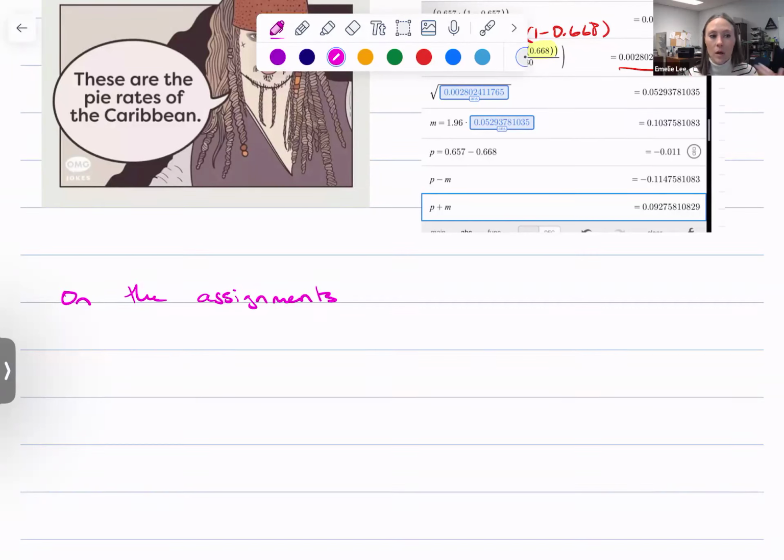So keep all your decimal places until the very end.